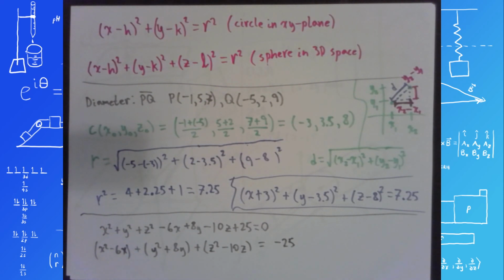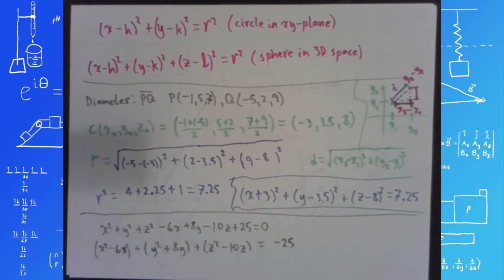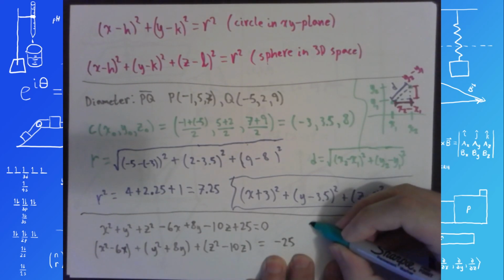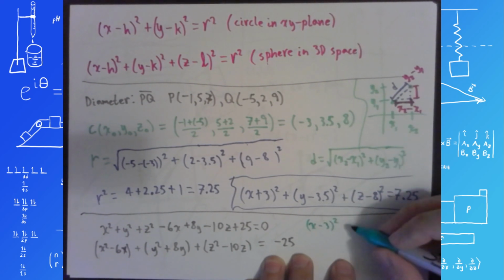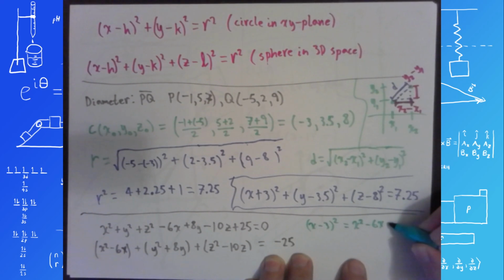And now to complete the square. Half of 6 is 3, and then 3 squared is 9. So x squared minus 6x can be related to, if I did x minus 3 squared, that would be x squared minus 6x plus 9.